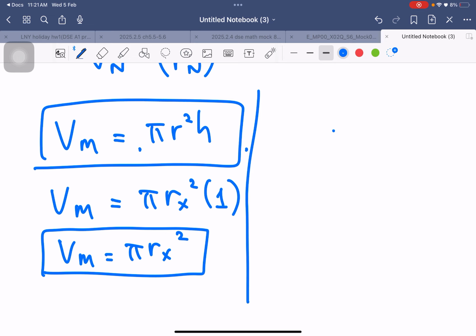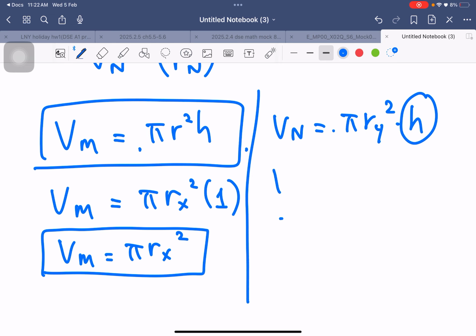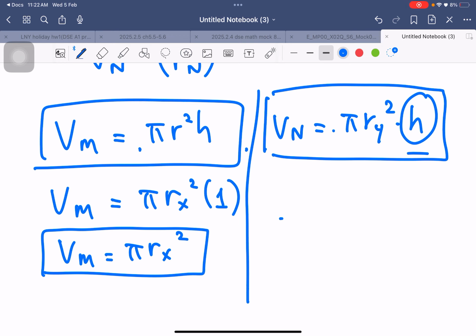And similarly for this container, when you take out the N, the reason why the water will drop is because the volume of N is being taken out. So the volume of N should be equal to pi ry squared times the height. The height is something that we want to find, isn't it? So we have Vn is equal to this, and we're going to find out what is the value of h.